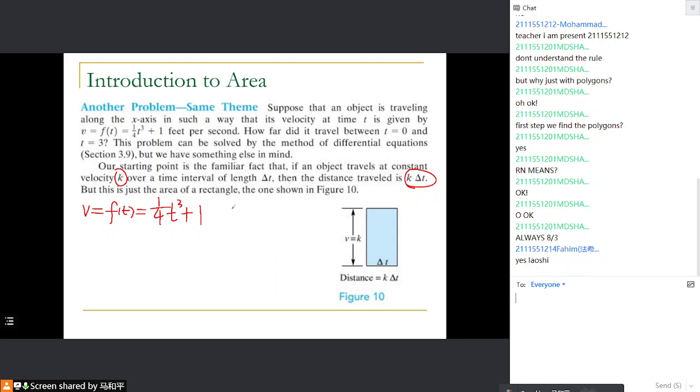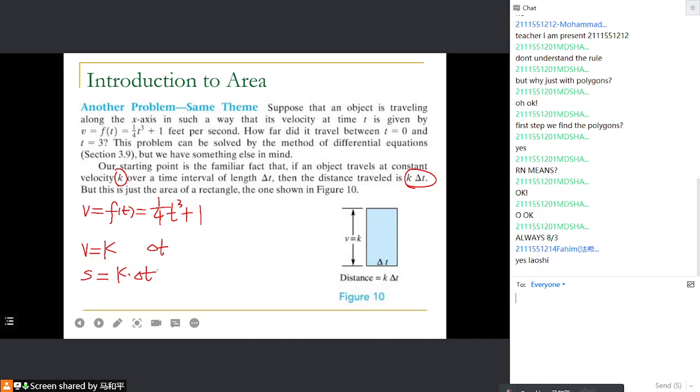The starting point is a familiar fact: if an object travels at constant velocity, meaning v is k, a constant velocity over a time interval of length delta t, then the distance traveled is k times delta t.